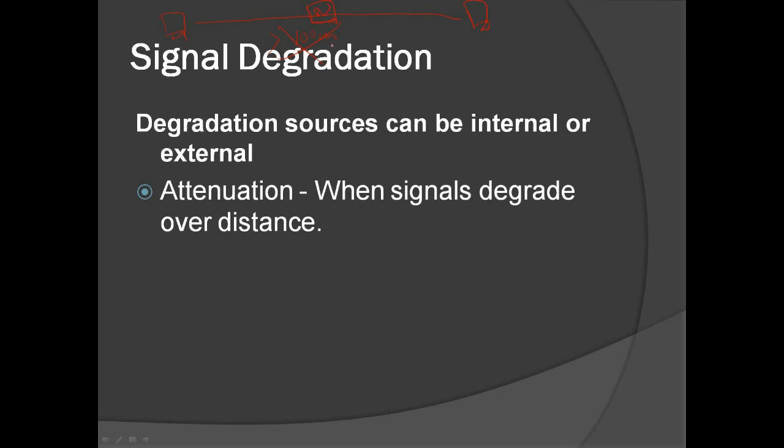For example, if this is 200 meters, you still have 100 meters from the source computer to the switch, and from the switch to the destination computer. So it repeats the signal. Okay, so that is attenuation, the signal loss over distance.